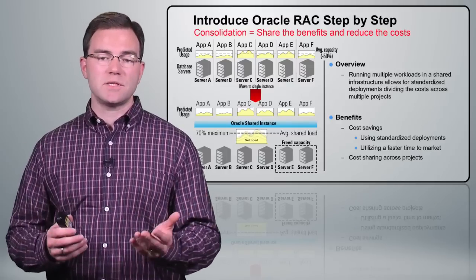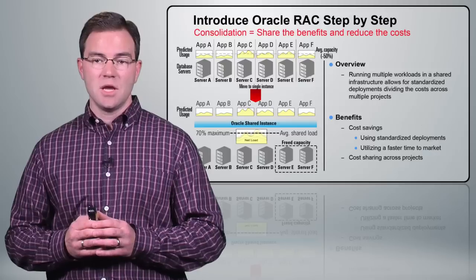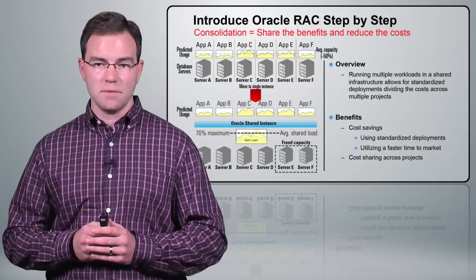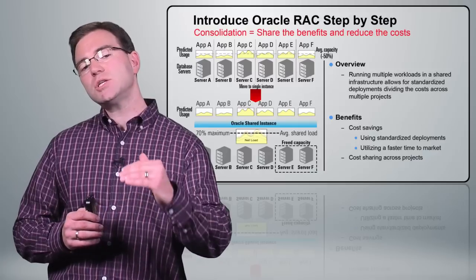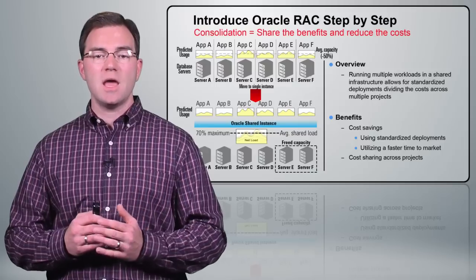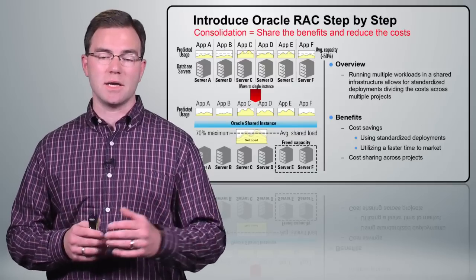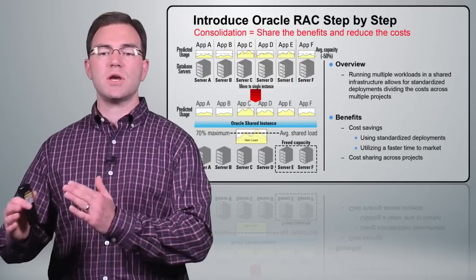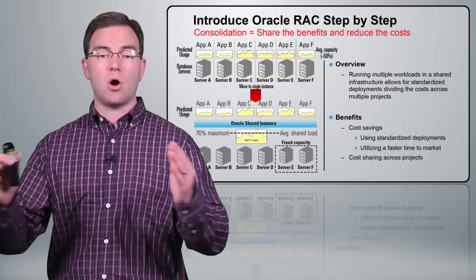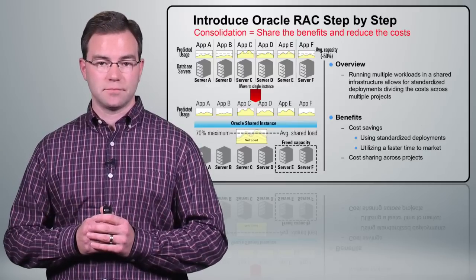In short, the benefits therefore are cost savings. You can use a standardized deployment with your shared infrastructure, and you will be actually able to deploy applications faster and thereby reduce your time to market. The cost sharing across projects is then an additional benefit based on the consolidation.